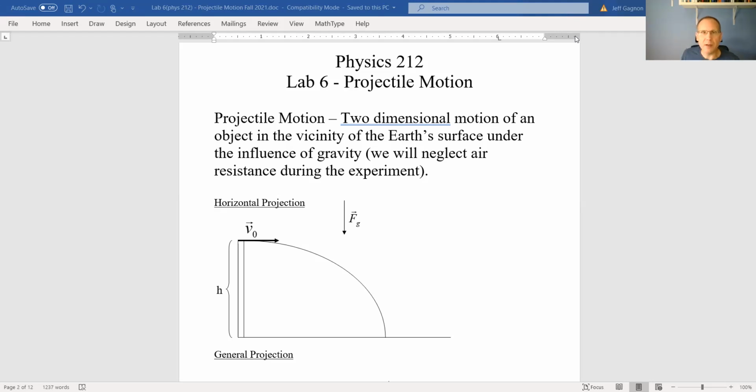Okay, so what I want to do first, let me move to the iPad just to give you an overview, remind you of projectile motion. Okay, so let's say we have an object launched at some particular height. I'll draw a coordinate system in here.